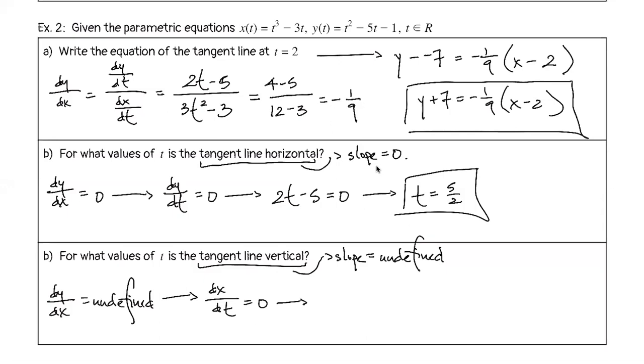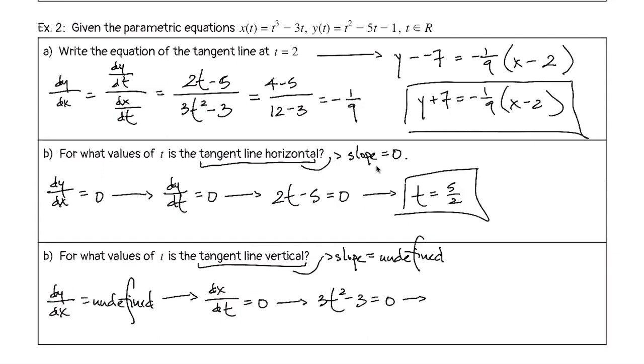So let's take our denominator. We're going to set it equal to 0. Now, you could solve this one of two ways. I tend to go for factoring, okay? Because with factoring, we tend not to lose answers.